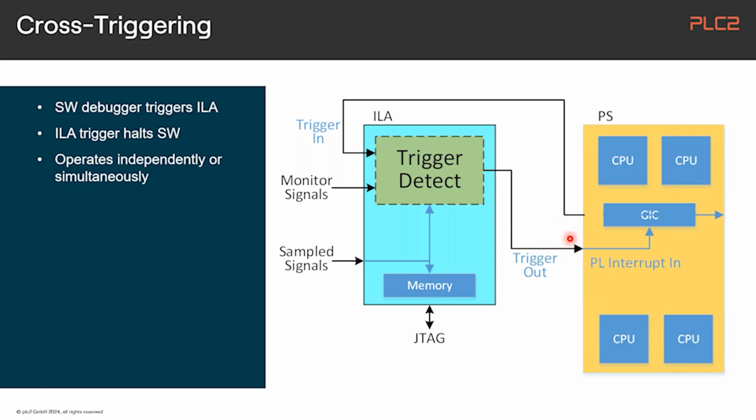And then we can simply wire this up. This is an on-chip wiring, which means in the programmable logic on the FPGA side, you will connect trigger ports of the ILA with dedicated ports of the processing system, and the CoreSight debug interface makes it quite flexible, so for each individual CPU, you can have also selective trigger ports, for example.